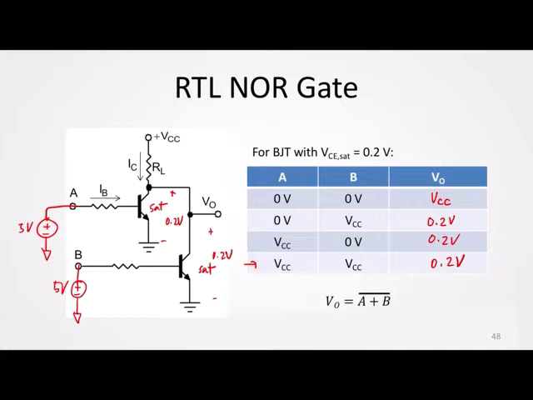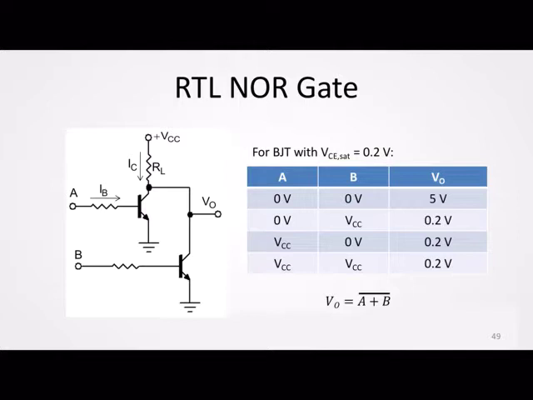So, if we look at our truth table, let's say VCC is 5 volts, so when the two inputs are 0, the output is high. If you have at least one high among your inputs, the output is 0. So the NOR gate, therefore, is a gate which gives a logic 1 at the output when all inputs are logic 0.